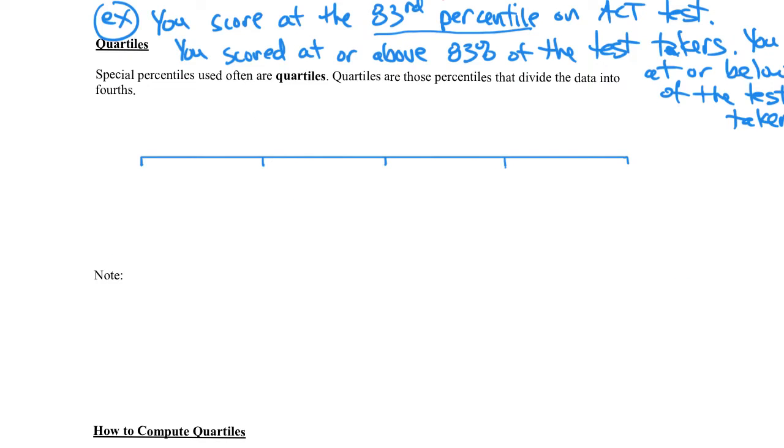So let's say we've got a bunch of numbers and we divide them in such a way that 25% of the data are in between these 2 points, 25% here. Think of taking 100 numbers, lining them up here.